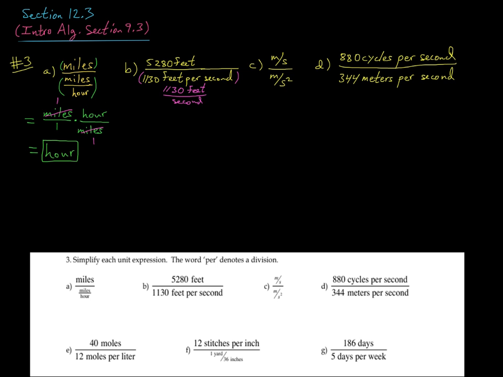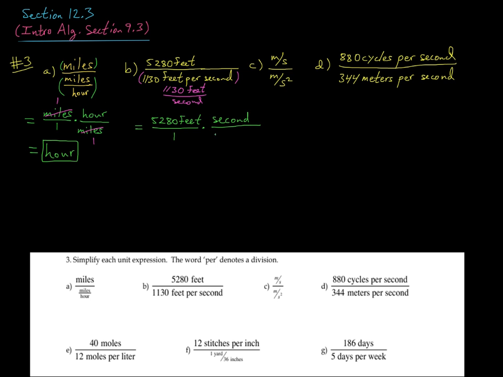So I'm going to take the 5280 feet, which I'll write as 5280 feet per 1, just like we did over here, times the reciprocal of this thing, so that seconds now gets flipped up top.